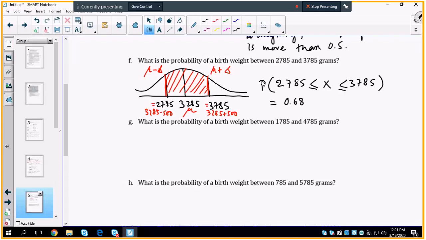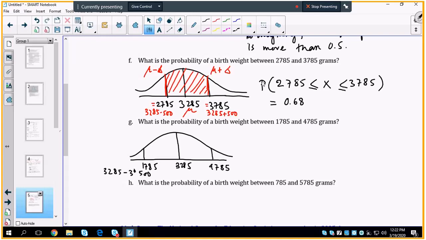So now I want to do 1785 and 4785. Draw it, shade it, and the answer should be pretty clear from there. Mean is 3285, 1785, and the other information is 4785. So 1785, you can think of that as 3285 minus 3 times 500.